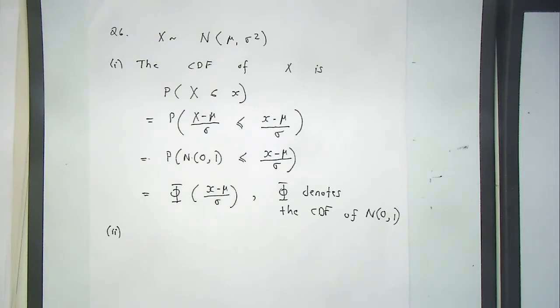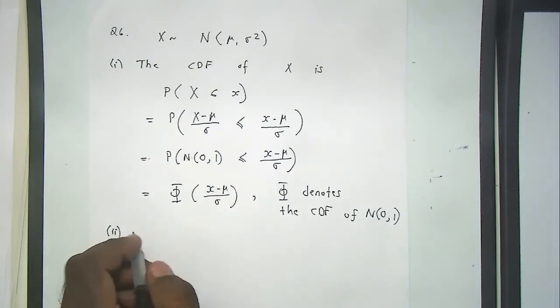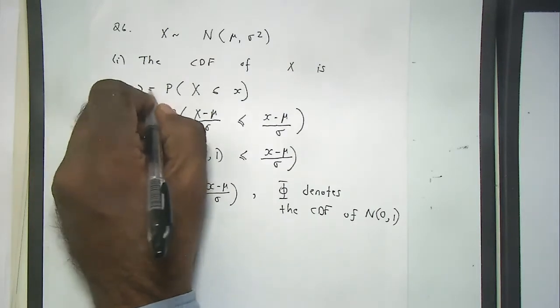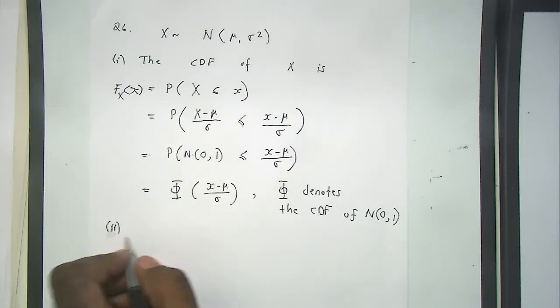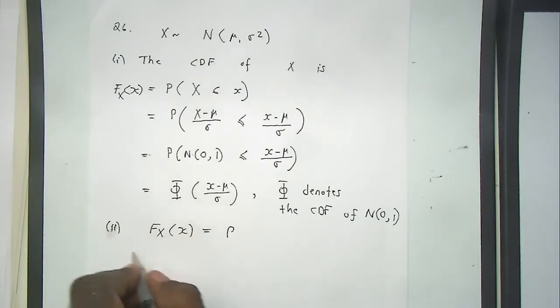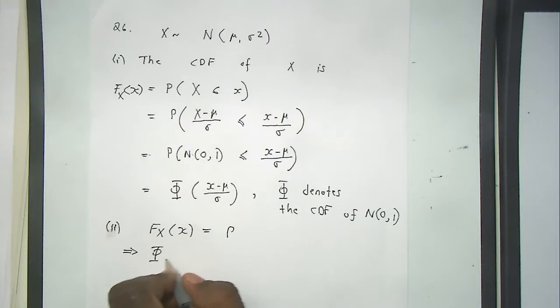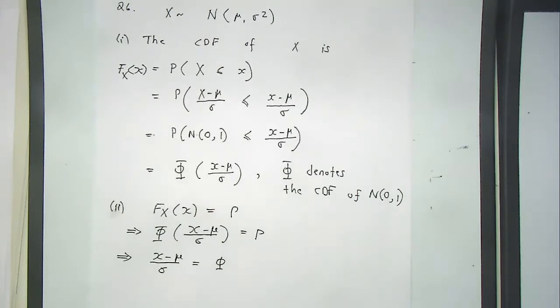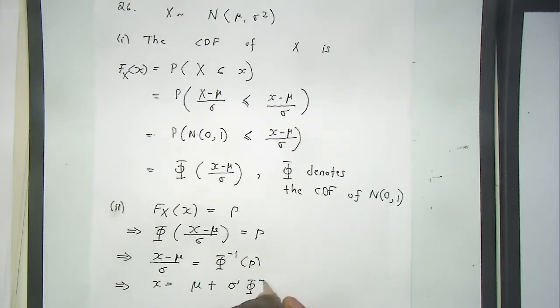is to find the quantile. Remember this morning I told you how to find the quantile. To find the quantile of a distribution, all you have to do is set the CDF equal to P and solve for X in terms of P. So this implies, right, and this implies, so, right.